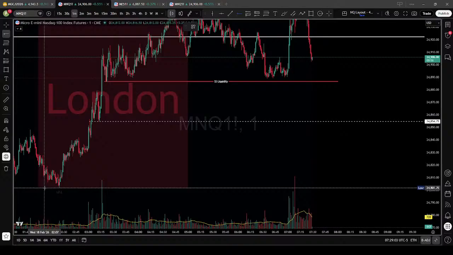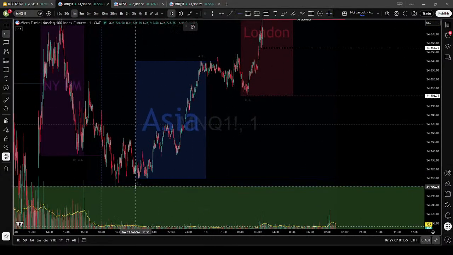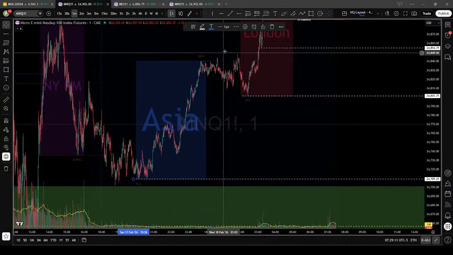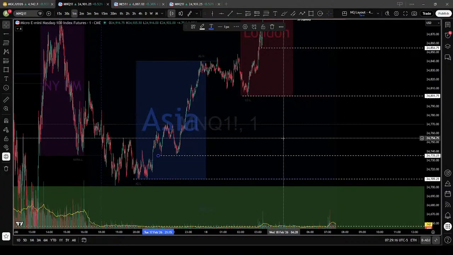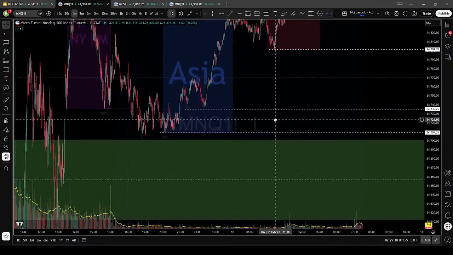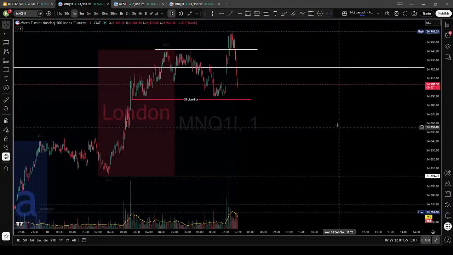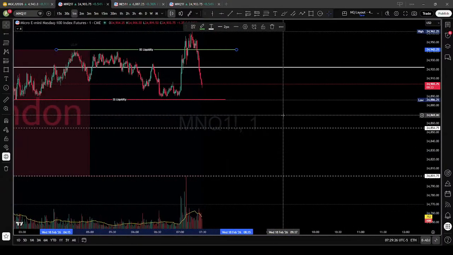We move down, we have London low, we have Asia session low, which is relative equal lows around here. That becomes a good level of liquidity. So all these become levels of liquidity. Now obviously there are lows below this. I'm just marking till here.